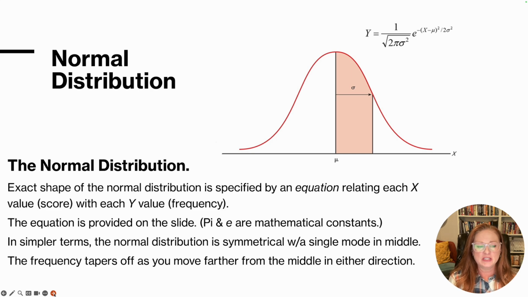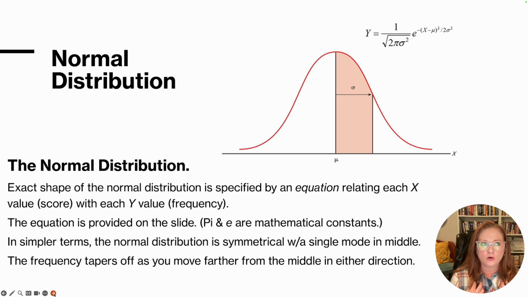The exact shape of the normal distribution is specified by an equation relating each x value, each score, with each y value, the frequency. So x is that score on the bottom, the horizontal line. All of us in a population will yield a score: how tall we are, how much we weigh, what our blood pressure is, what our IQ score is, right?